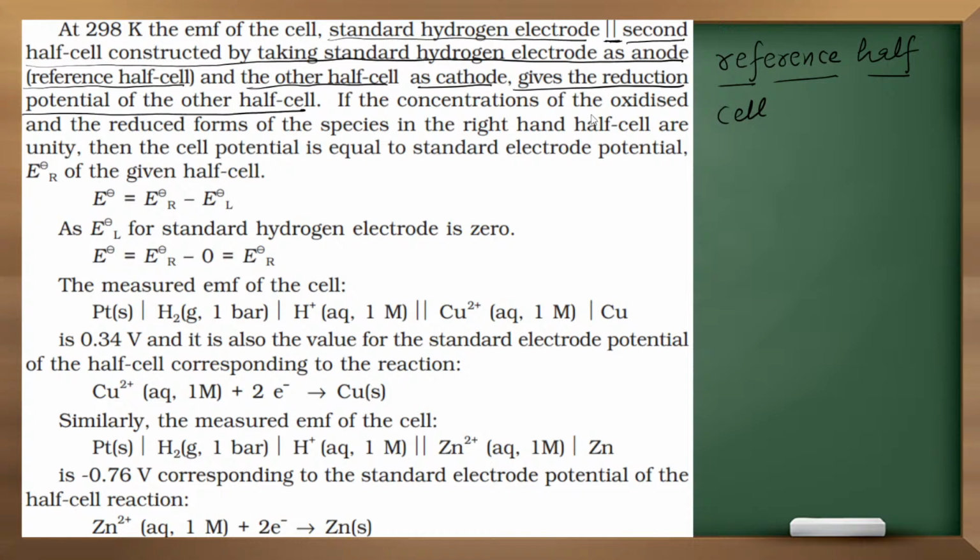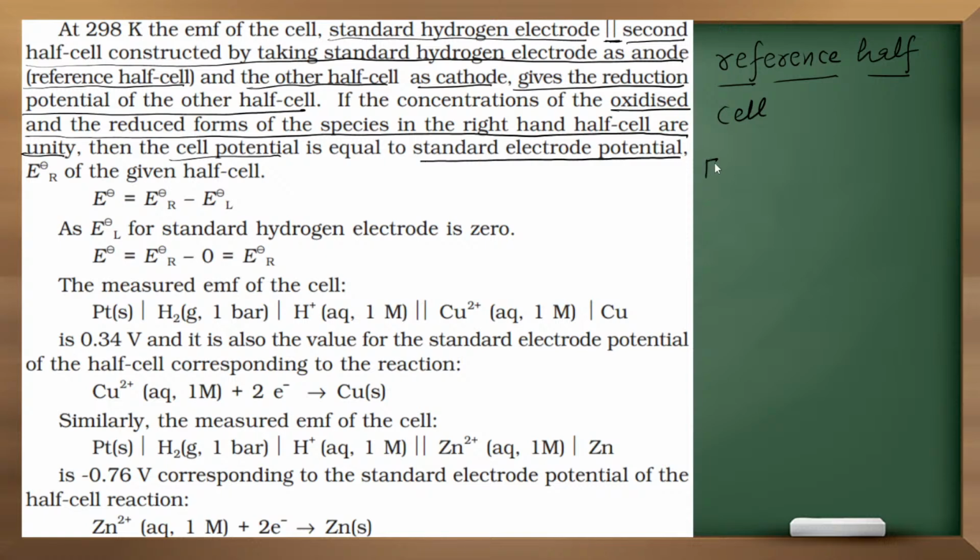So if the concentrations of the oxidized and reduced forms of the species in the right hand half cell, that is the second half cell, are unity, then the cell potential is equal to the standard electrode potential. Okay, then that electrode potential is called the standard electrode potential.